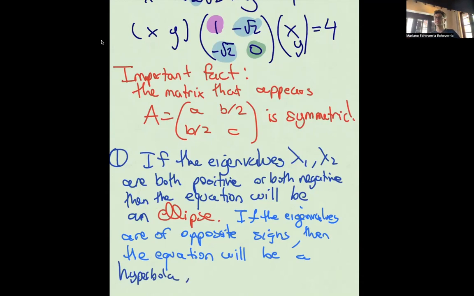Okay, so that's the first thing. The eigenvalues of the matrix will identify for you whether you've got an ellipse or a hyperbola.